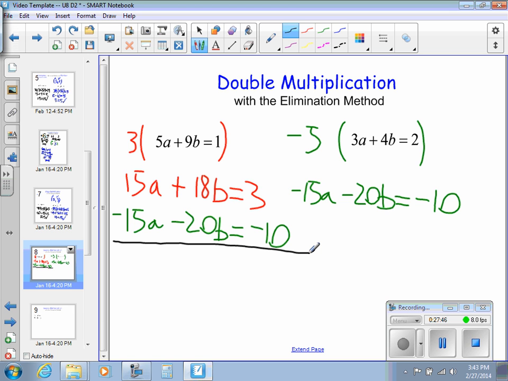And so now when I add them together, my 15a and negative 15a will cancel. And I'm left with 18b minus 20b, which will give me -2b equals, and 3 minus 10 is going to give me -7.